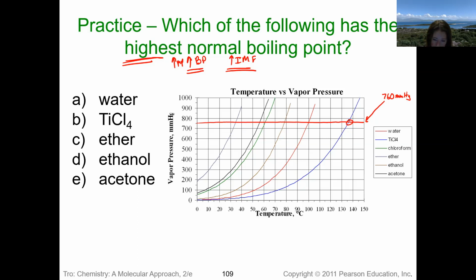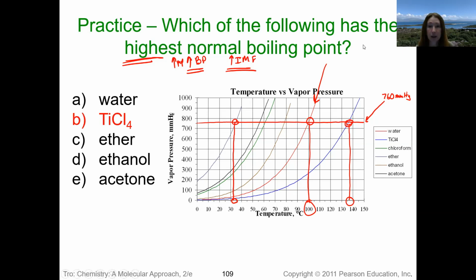So here's water, by the way. Look, when it crosses this line, it's about 100, right? When water crosses that line, TiCl4 is not going to boil until like 135. Ether is going to boil at like 35 degrees Celsius, right? So things boil when the pressure inside, the number of molecules inside, matches the number of molecules outside.